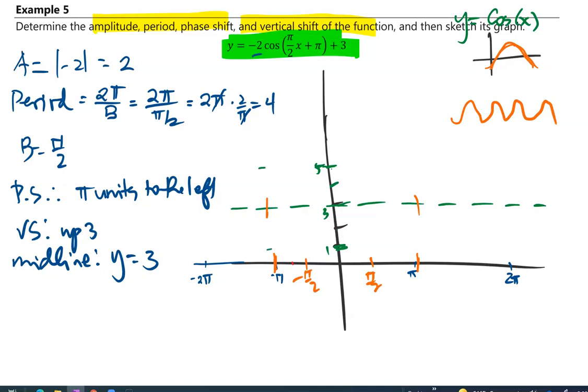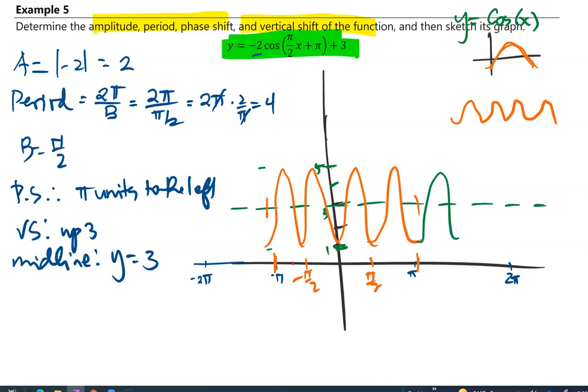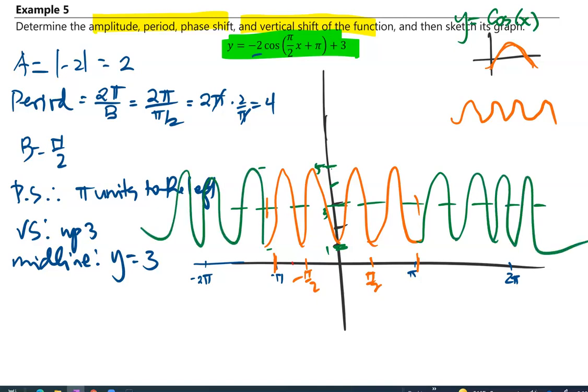So you should have one from negative pi to negative pi over 2, another one from negative pi over 2 to 0, and from 0 to pi over 2, and from pi over 2 to pi. And you know that this is continuous, so you can have it like that to the left and to the right. So that is the graph of negative 2 cosine of pi over 2 times (x plus pi) plus 3.